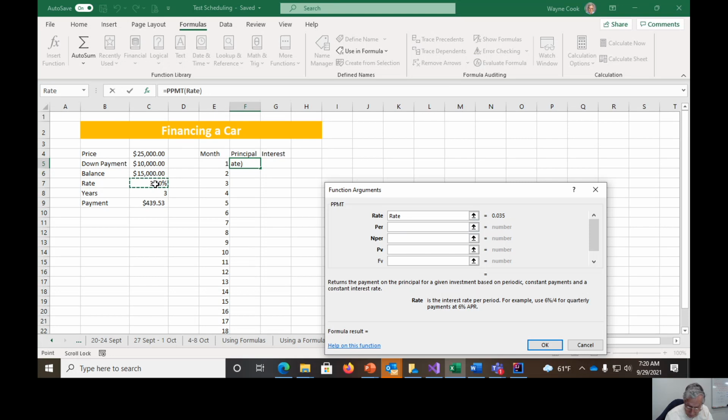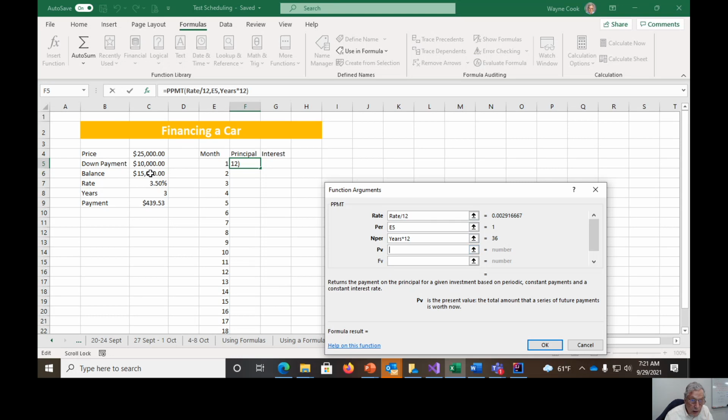So it'd be rate divided by 12. Period is what period it is, and since we have it over here, then I'm not going to fix this, so I'm not going to hit F4. And then number of payments is years times 12.